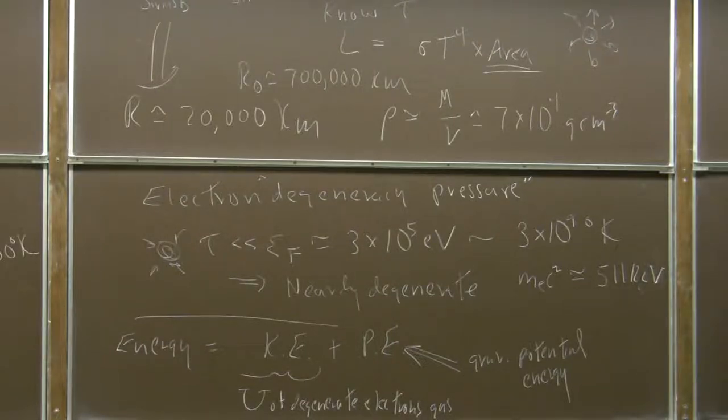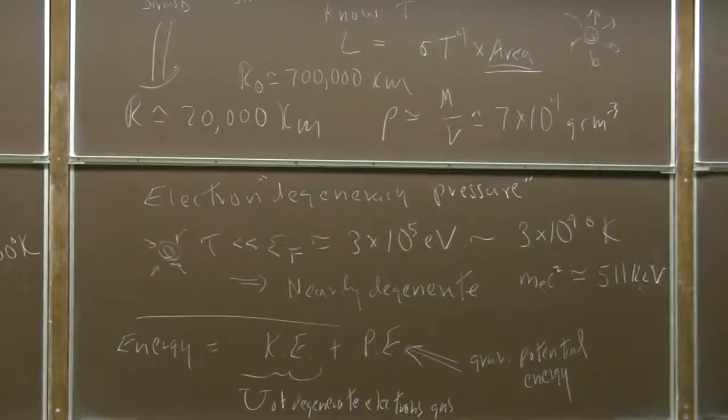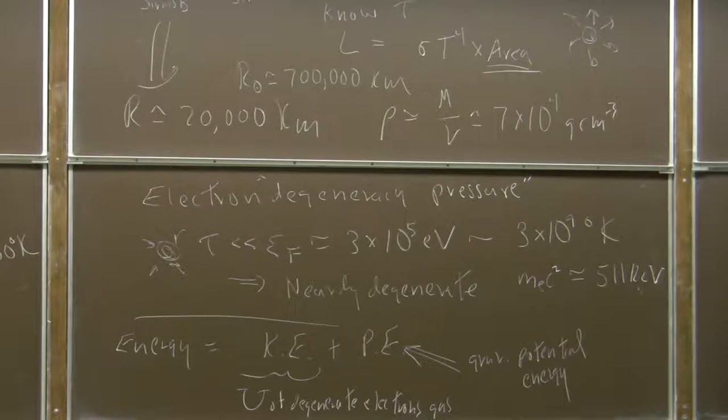So that means our estimate is h bar squared over Newton's constant G. I have a mass of the electron coming from the kinetic energy of the electron. I have a mass of the proton to the 5/3 coming from here. And then I've got a 1 over m squared here and an m to the 5/3 here. So actually, it goes like m to the minus 1/3. When the star gets more massive, it actually shrinks. And that's because we have a higher power of the mass in the potential energy than in the kinetic energy. Okay?